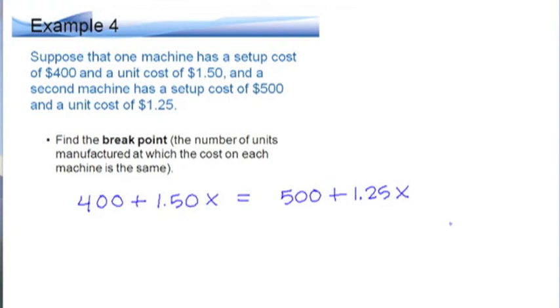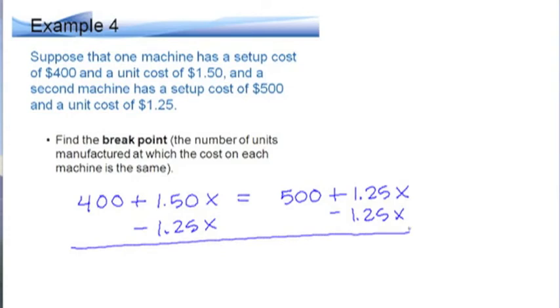So if I subtract $1.25x from both sides, that leaves me with 400 plus 0.25x equal $500. Then I can subtract the 400 from both sides.